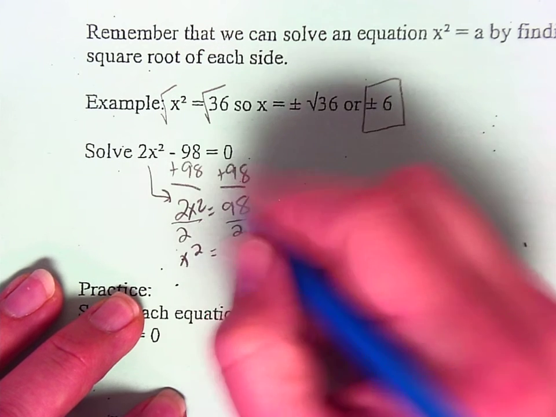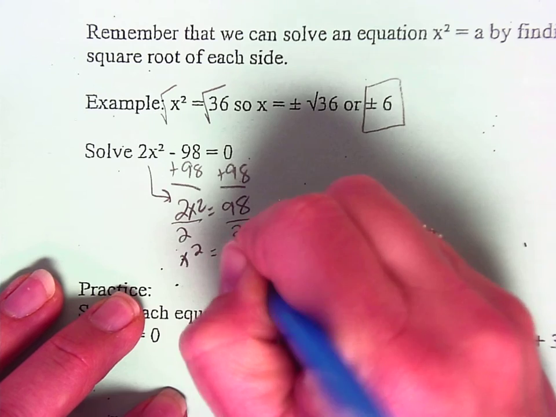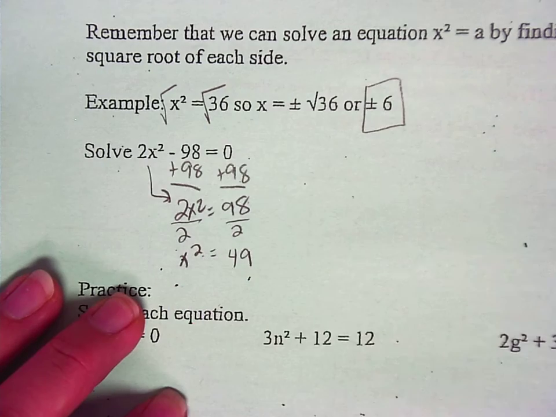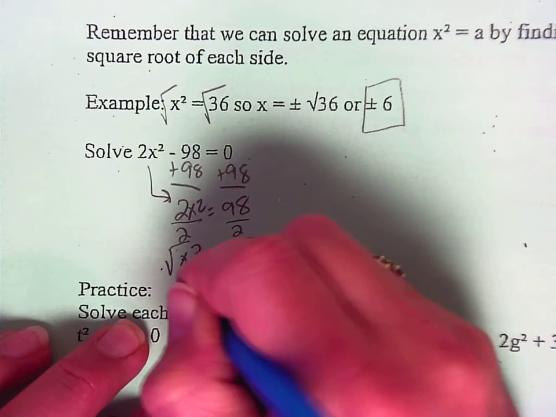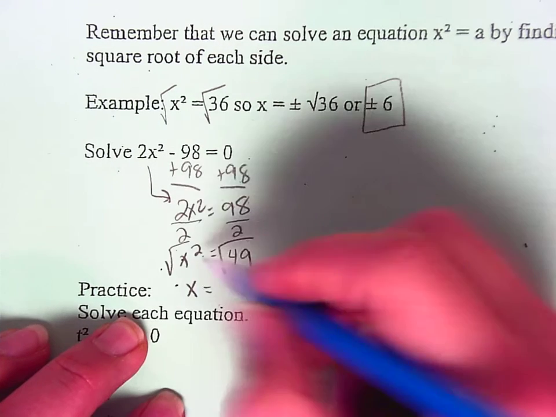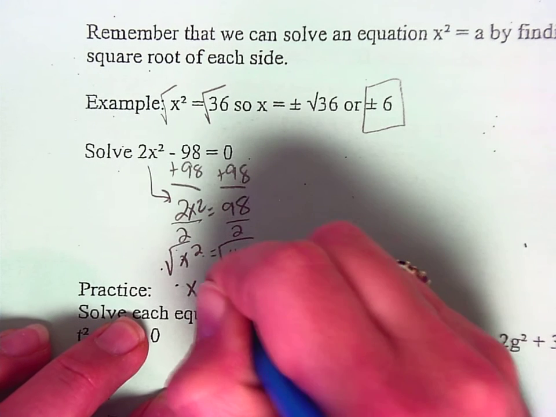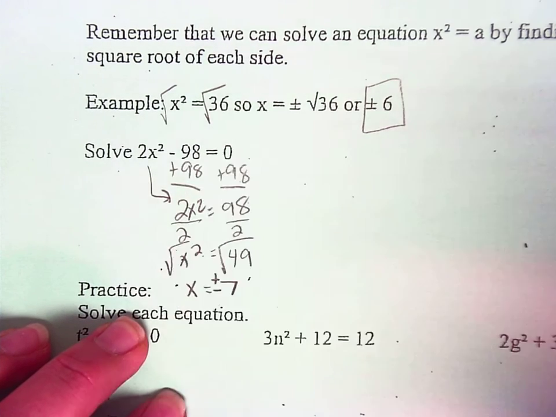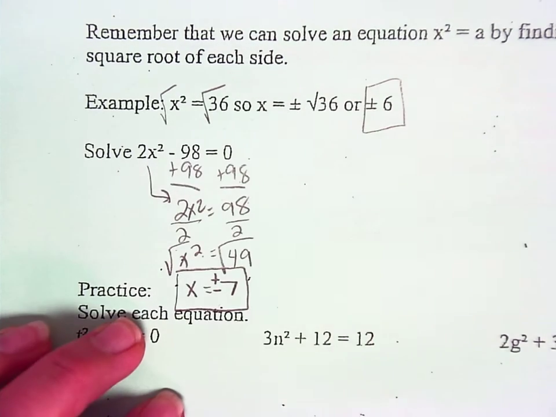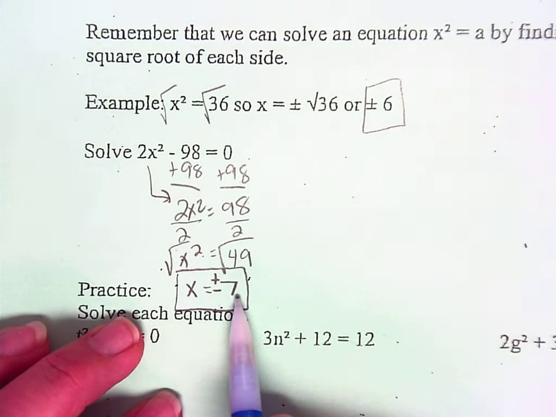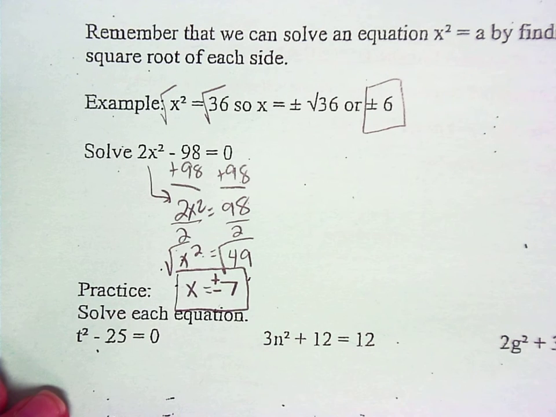So 98 divided by 2 is 49. Remember, to get rid of the squared, you do the opposite, so square root. And then you get for your solution, 7 times 7 is 49, but so is -7 times -7, 49. So you're going to have two solutions, and the specific solutions are +7 or -7.